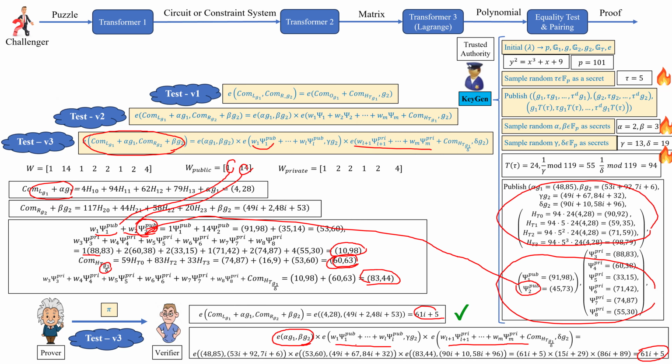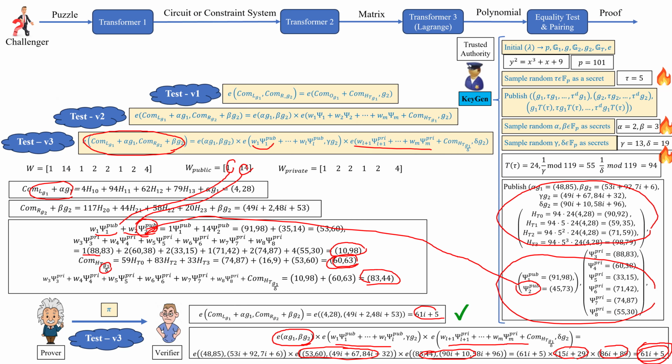So you can use our website to check that the pairing of these two values equals this value, and the pairing of these two values equals this value, and then the multiplication in the extension field. You can also check this multiplication to ensure that this computation is correct. Okay, test version 3 is better than test version 2 and better than test version 1, and it is passed by the prover, right? This is good.